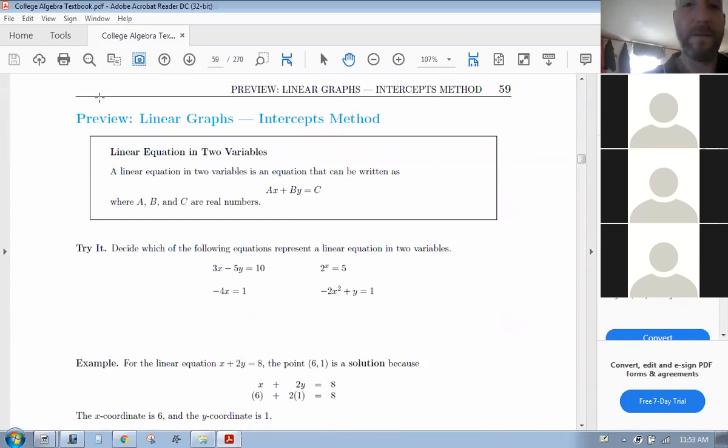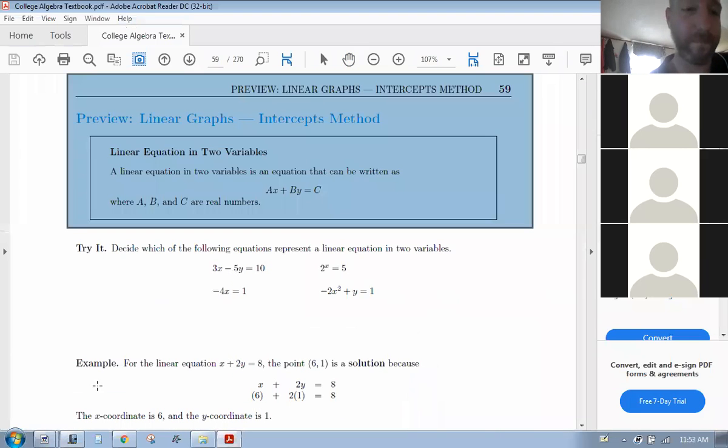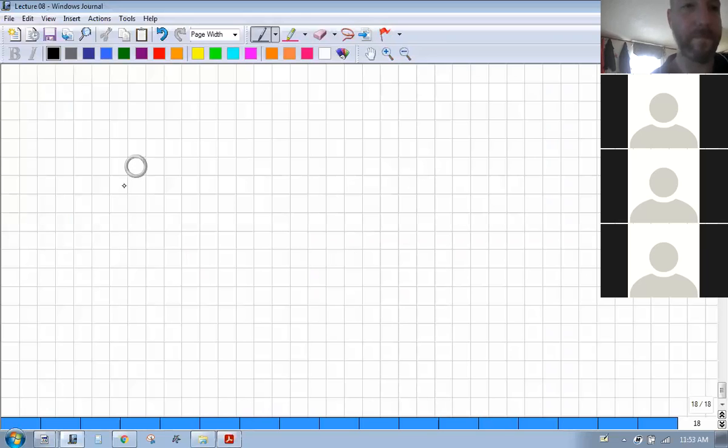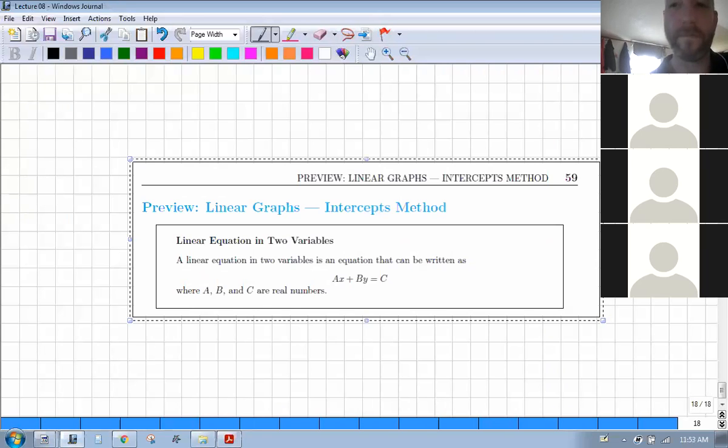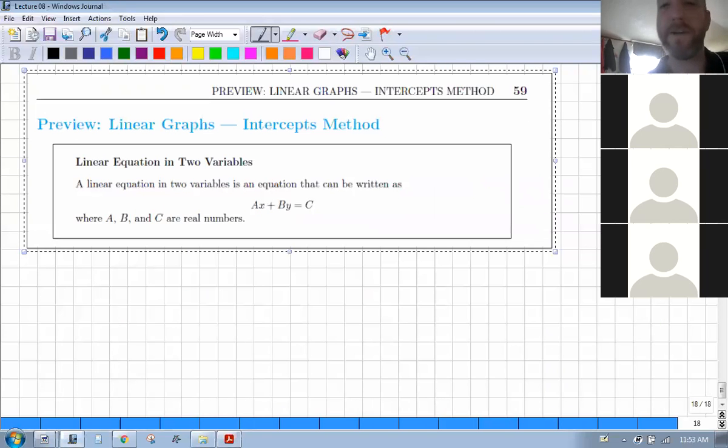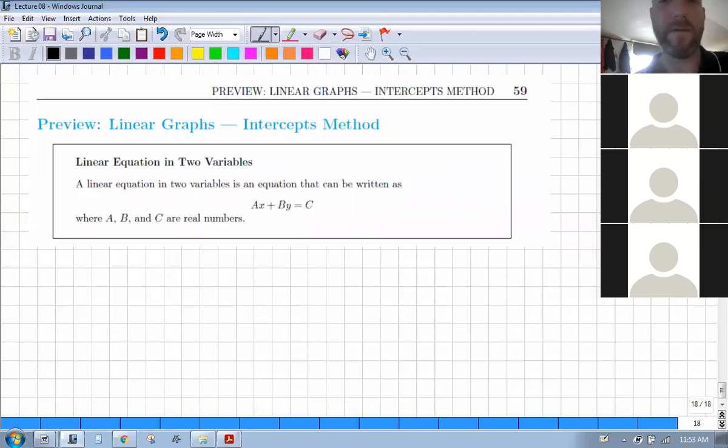All right, getting closer to linear graphs here. All right, a linear equation in 2 variables. Those are the ones where we're just looking at an x and a y. The a's, b's, and c's are just real numbers. So 2x plus 3y equals 4.